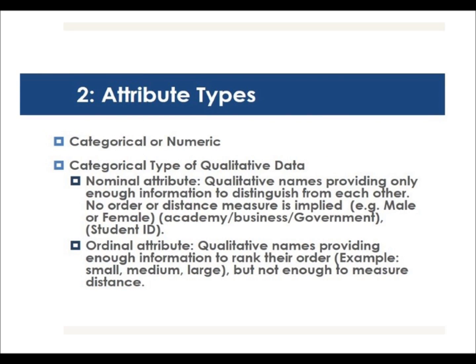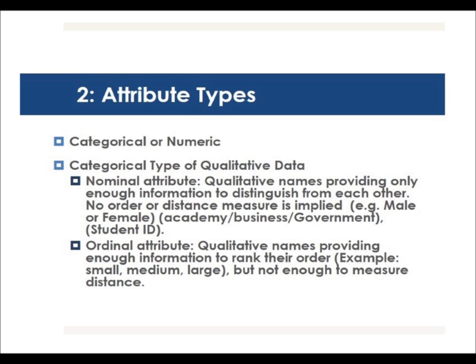So the first thing is the categorical and the numerical. You can call it discrete or continuous. But even under the categorical type, the discrete type, you still have two different types.